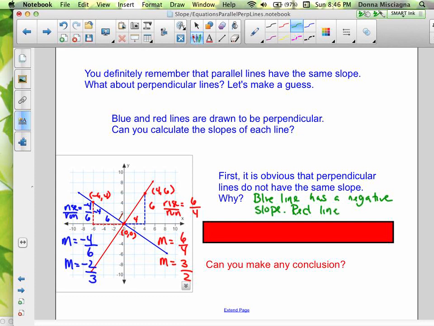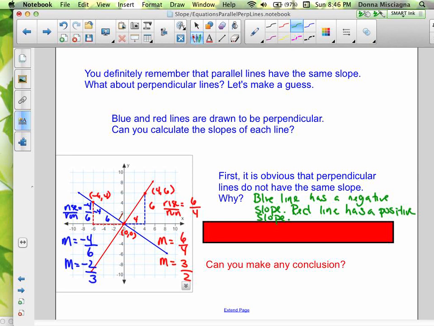The red line has a positive slope. So even if I don't calculate out the slope, we can see that one is positive and one is negative. One's going up left to right, one's going down left to right.